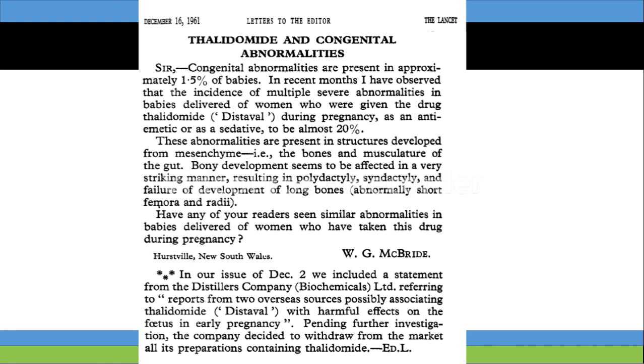So the normal incidence of congenital anomalies was around 1.5%, but in patients put on thalidomide, the incidence rose to 20%. And these structural abnormalities, including amelia, were significant.